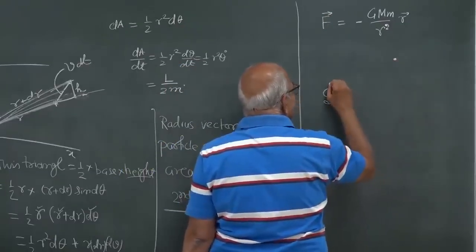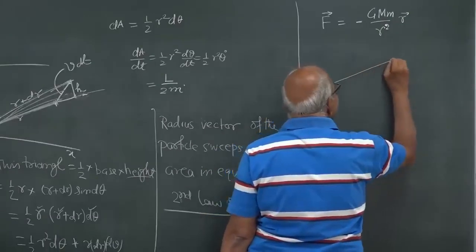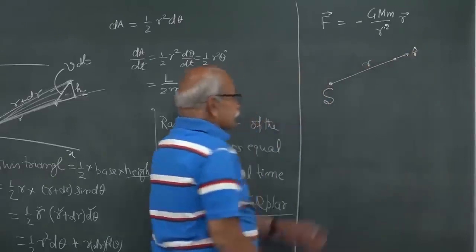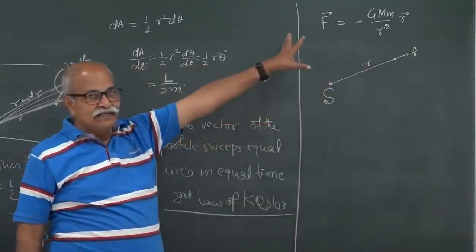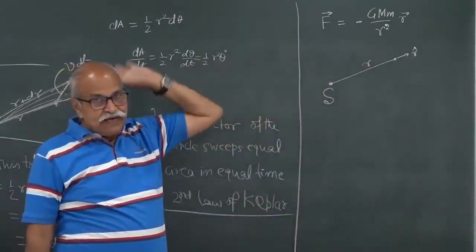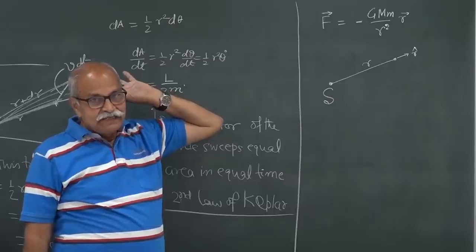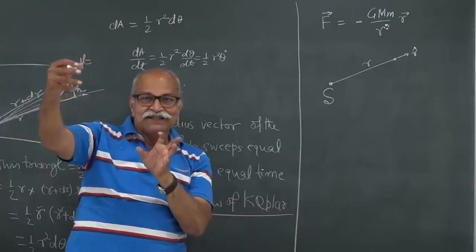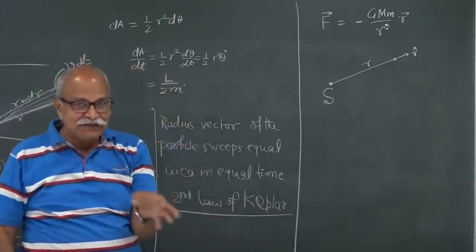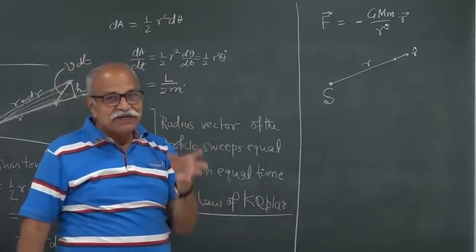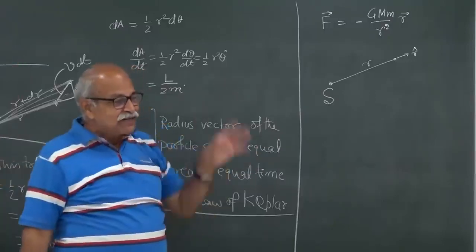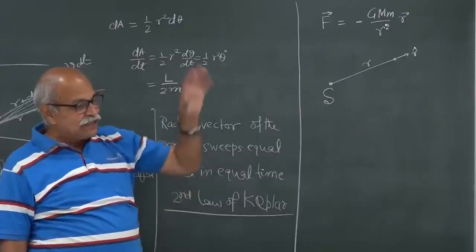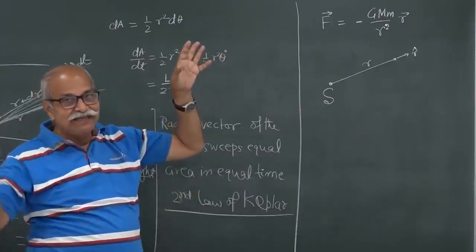If this is the origin, then this distance is r, this is the r cap vector, and it is an attractive force. What we are doing is a very idealized case. Here the sun will also get attracted towards the planet, and therefore the sun will also have some kind of central force motion. But in our case the origin is fixed, the center of the force is fixed, although the sun is very heavy as compared to the planet.